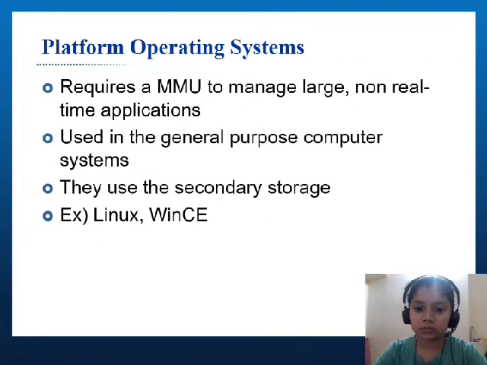Next, these two categories of operating systems are not mutually exclusive. There are operating systems that use an ARM core with a memory management unit and have real-time characteristics. ARM has developed a set of processor cores that specifically target each category.